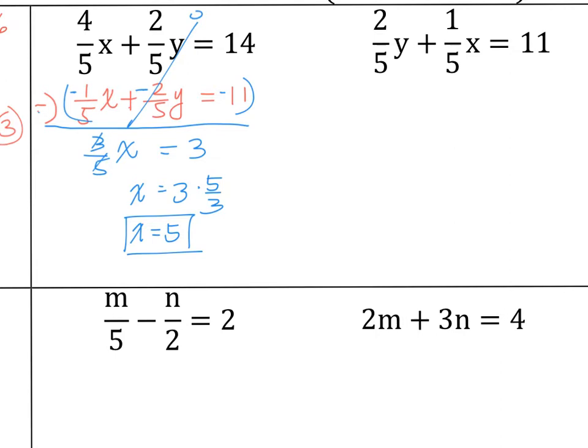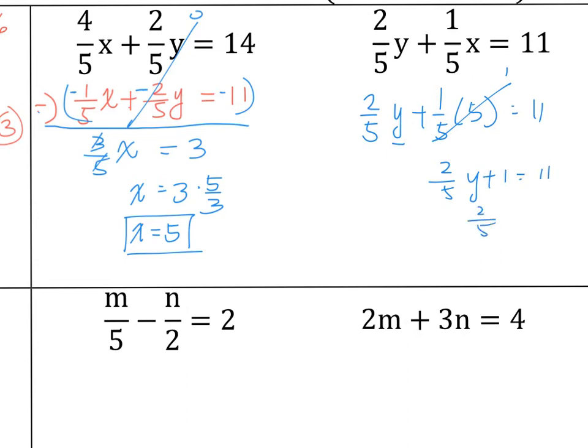And then now I can take 2/5 y plus 1/5 times 5 to solve for y. This cancels out to be 1. So 2/5 y plus 1 equals 11. 2/5 y would equal 10.